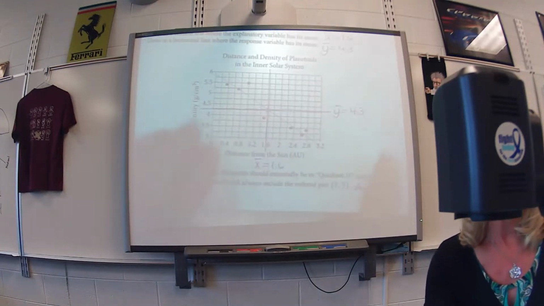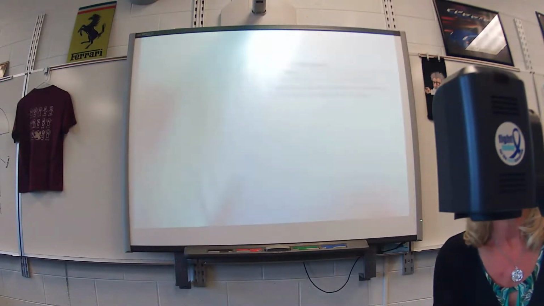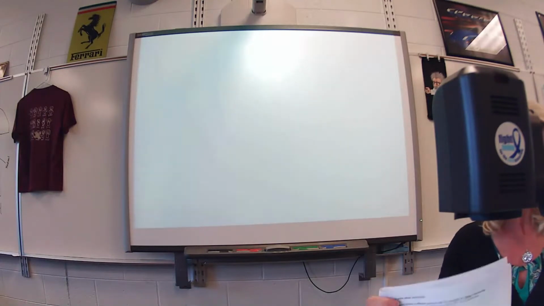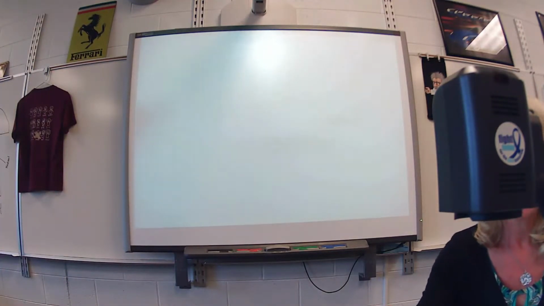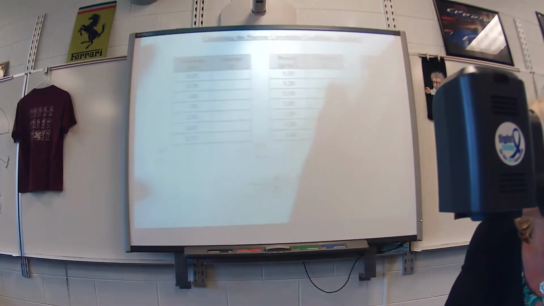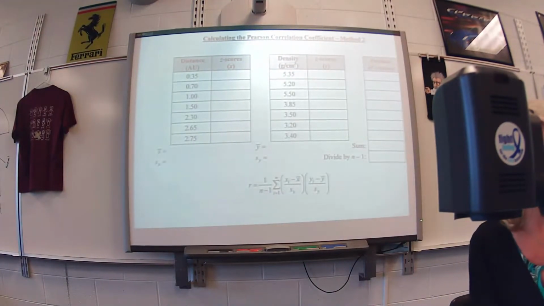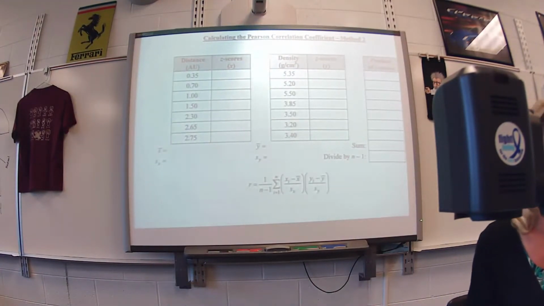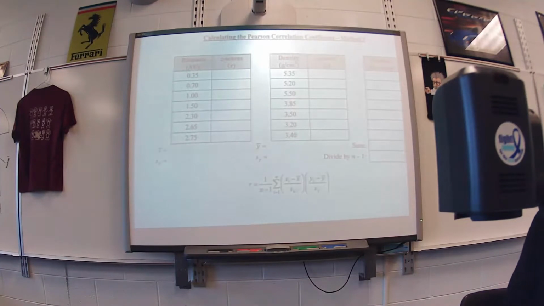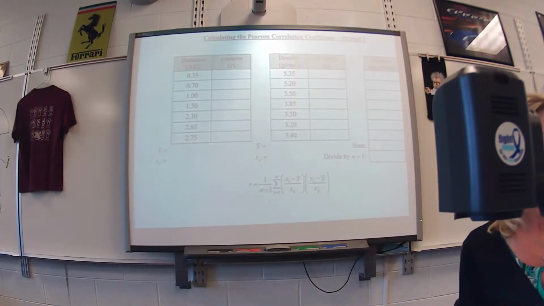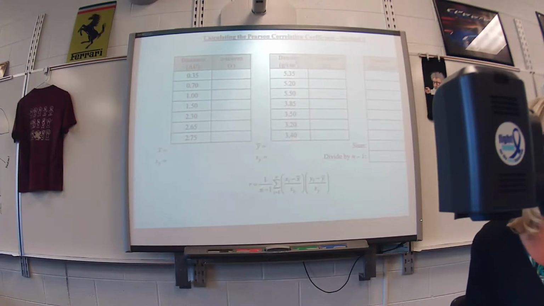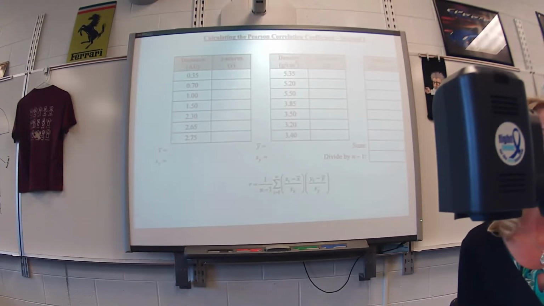Now the other formula I'm going to have you work with today is actually the one that's on your formula page. If you look at your packet of your formulas and your tables, this one is on the very first page. So that is even the one that apparently the College Board feels that you ought to be more familiar with. I will be honest with you, I have never seen it where you had to use this formula on the AP exam.